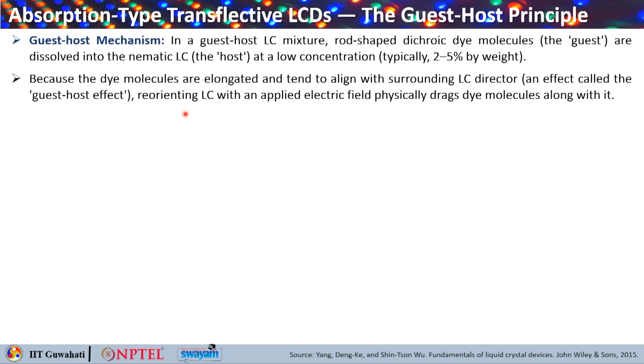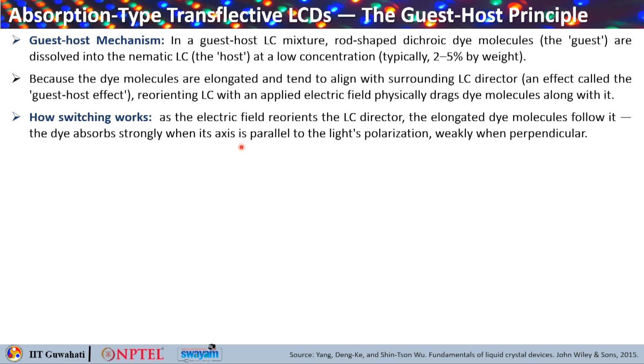And reorienting the liquid crystal director with some applied electric field will basically physically drag the dye molecules along with it, so they also get aligned with the electric field. So how the switching works here: as the electric field reorients the liquid crystal director, the elongated dye molecules also follow it because they get dragged by the liquid crystals.